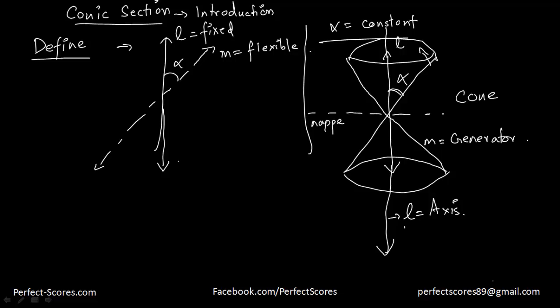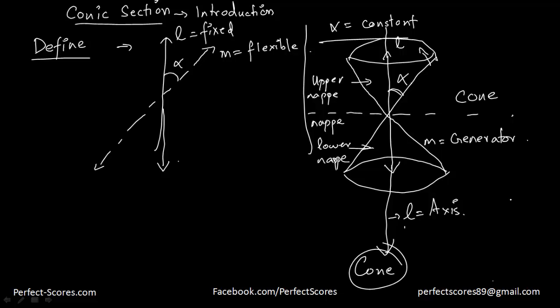If I divide this into two parts, the upper part here is known as the upper nappe, and the lower part is known as the lower nappe. These are the various sections of a cone, and the whole figure is called a cone.